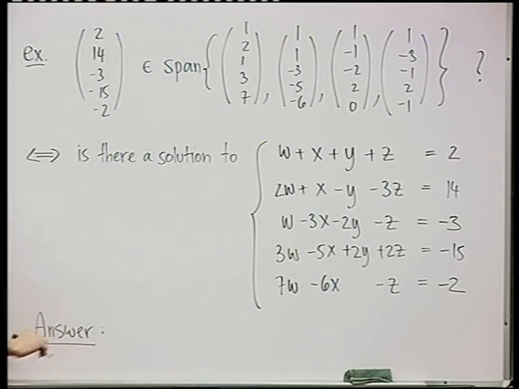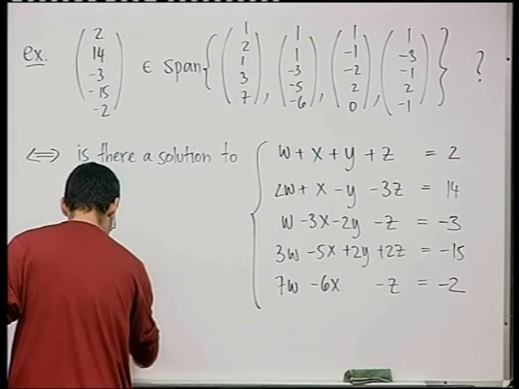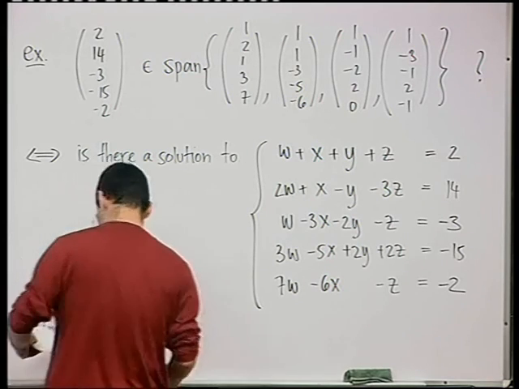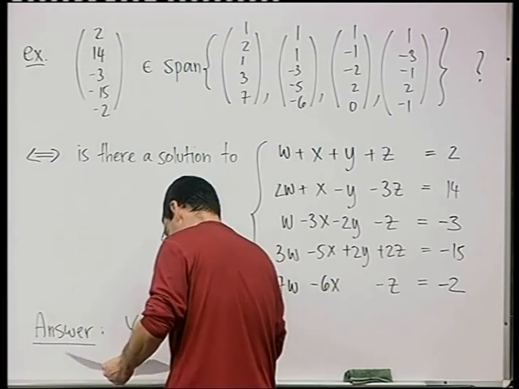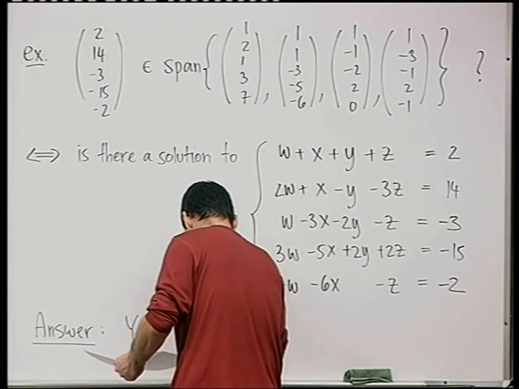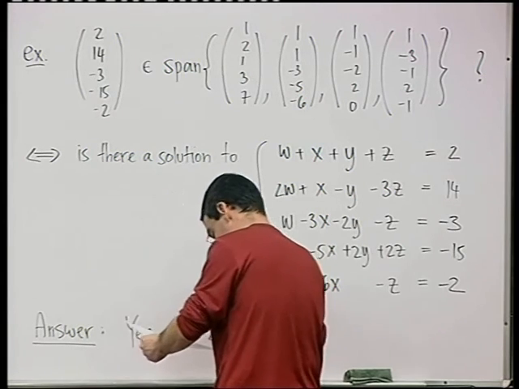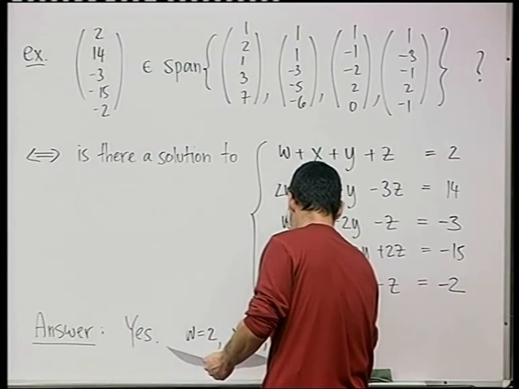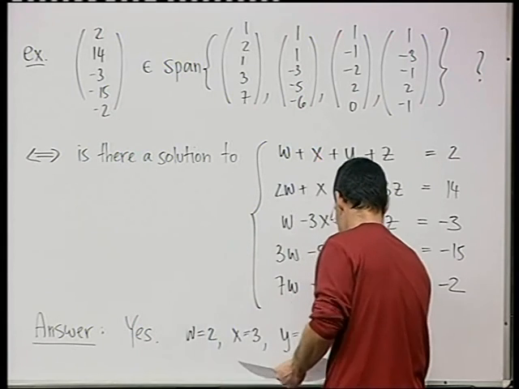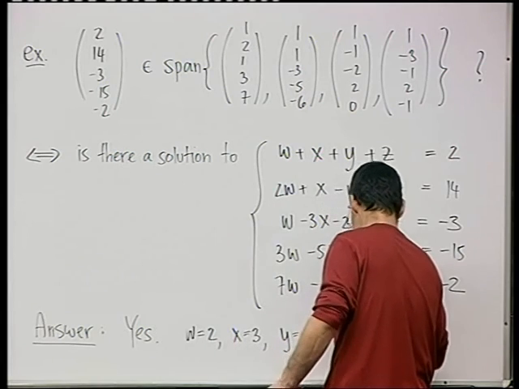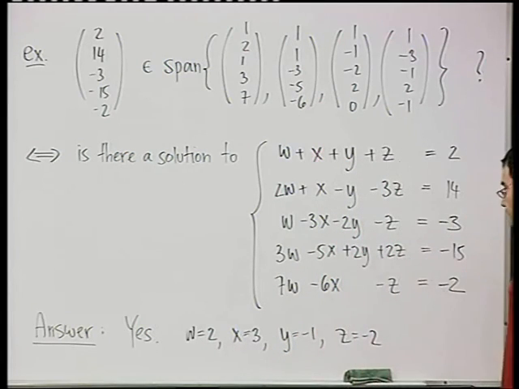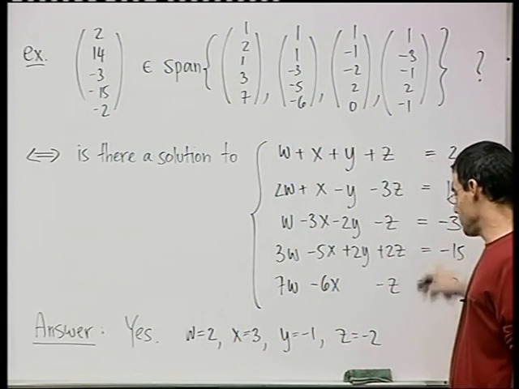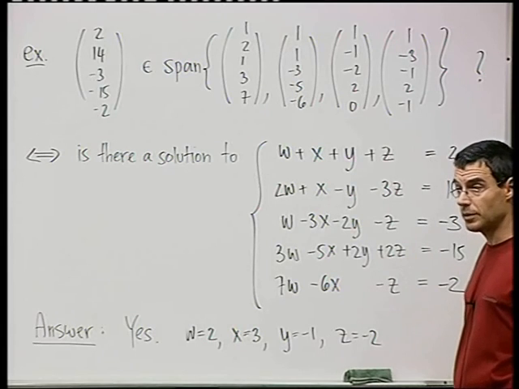I'm not going to do the row reduction business. And I'm even going to tell you what it is. There's a unique solution here. W equals 2, X equals 3, Y equals negative 1, and Z equals negative 2. There's no degrees of freedom, and these 5 equations determine a unique solution in this case.